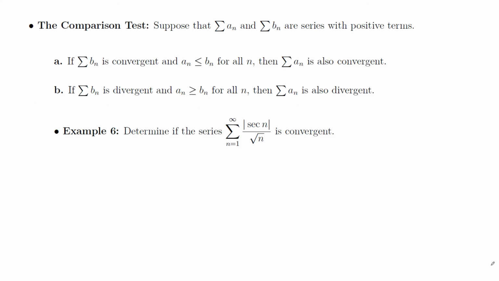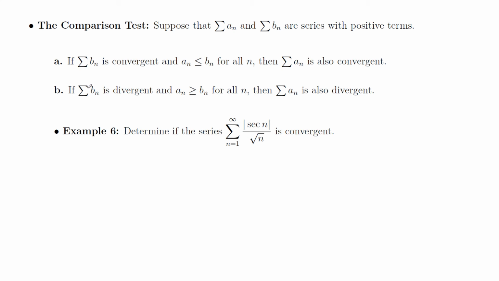All right, so what does the comparison test say formally? It says, suppose that you have two series where all the terms are positive. Then if the series B sub n is convergent and all the terms in A sub n are smaller than or equal to all the terms in B sub n, then A sub n is also convergent.